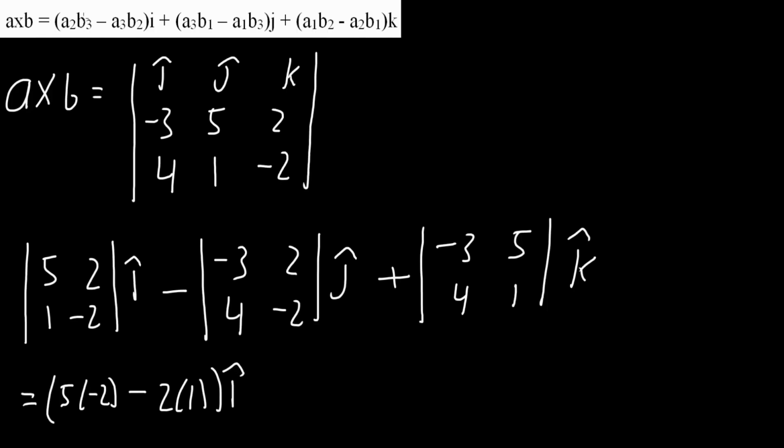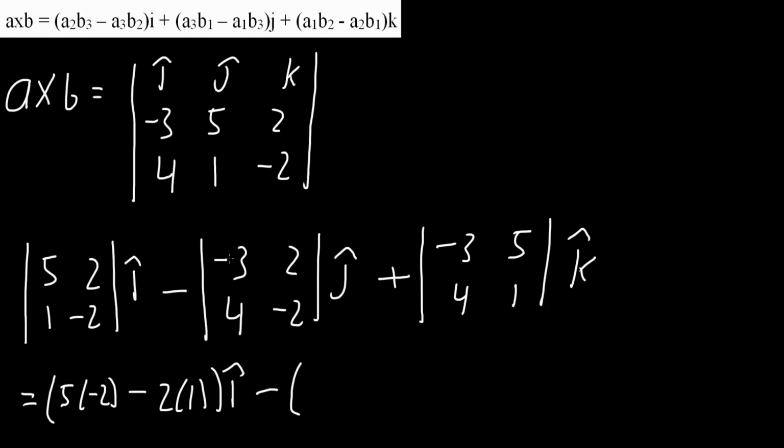A2 times B3. So this right here is A2, and this right here is B3. So do we have that? A2, 5 times B3, which is -2. That's correct. Next, minus, we have A3, B2. A3, which is 2, and then B2 is 1. So it's the same.